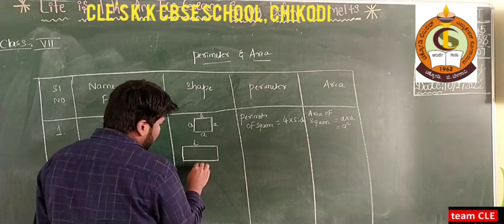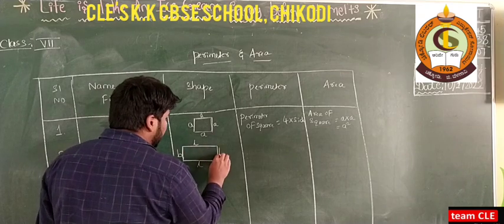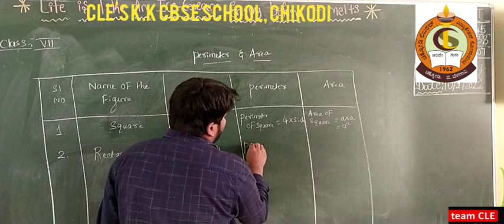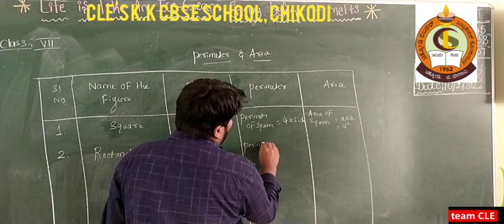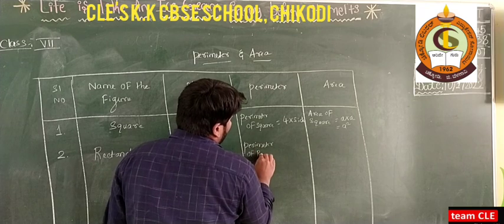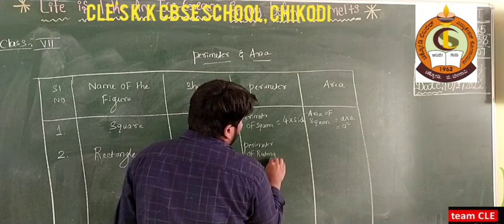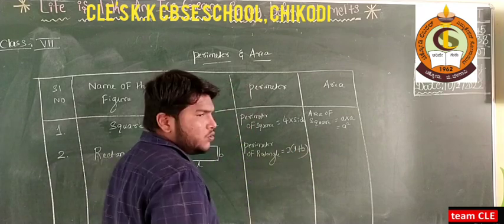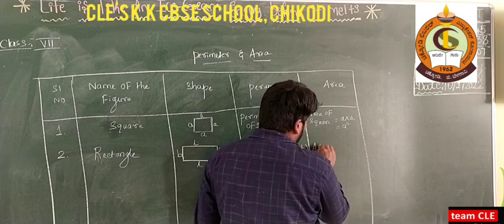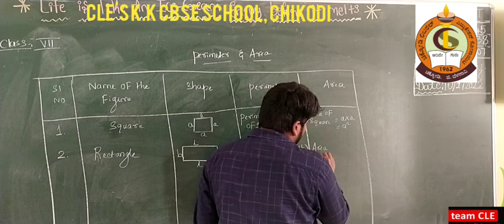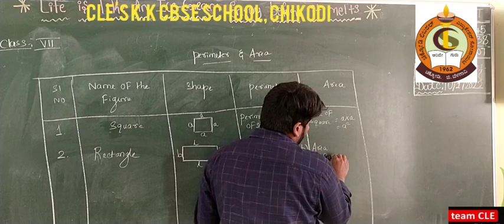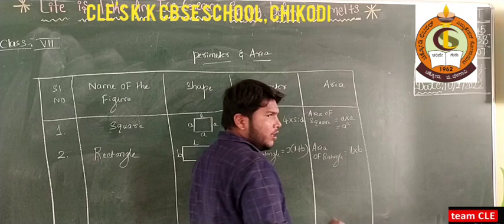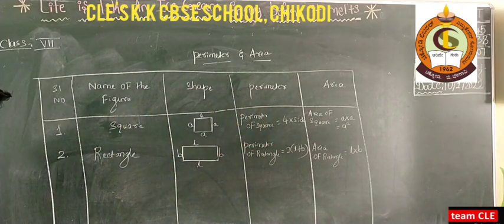I call the sides L and B. First we write the formula of the perimeter of a rectangle: perimeter of rectangle is 2 into (L plus B). And area of rectangle is length into breadth.